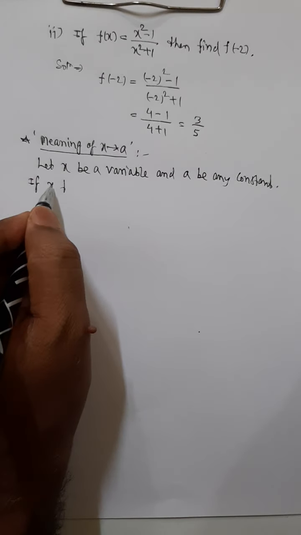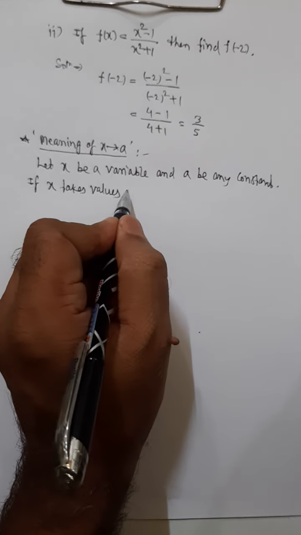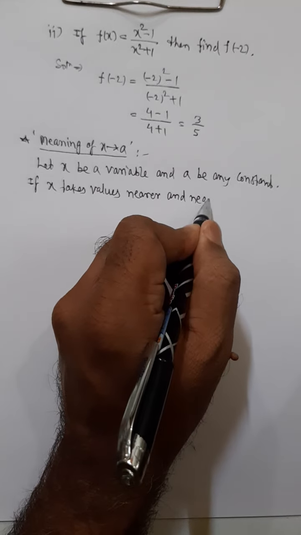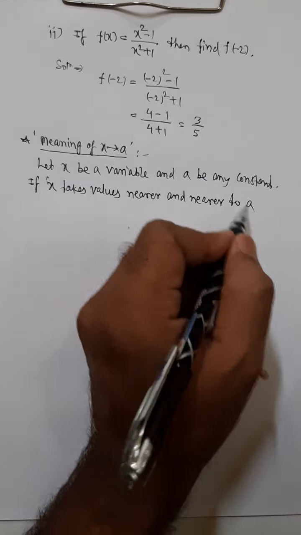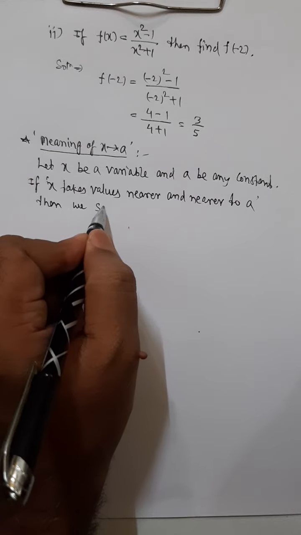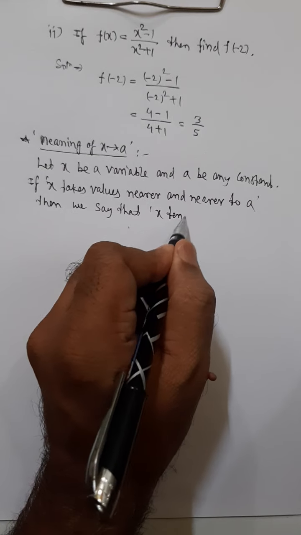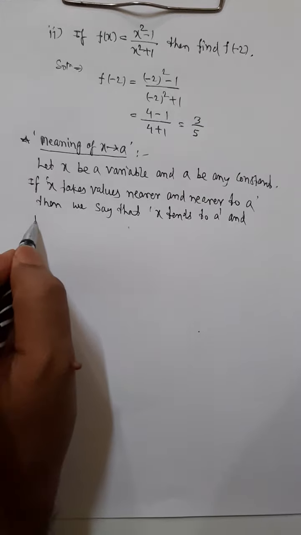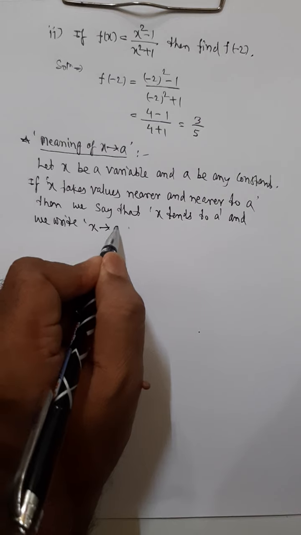If x takes values nearer and nearer to a, then we say that x tends to a, and we write symbolically like this: x tends to a.